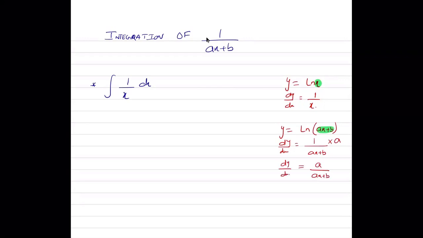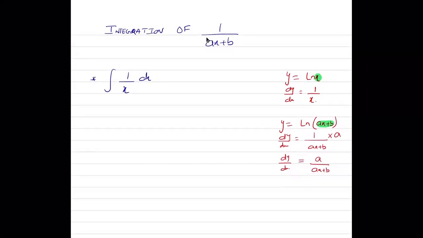If we know that integration is the reverse process of differentiation, let's try to integrate this. First I differentiated it, now let's integrate. I'm going to take dx on that side. Now a is nothing but a constant value, so I'll take a on the other side, divided by 1.